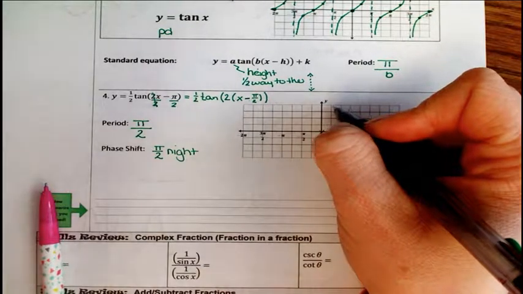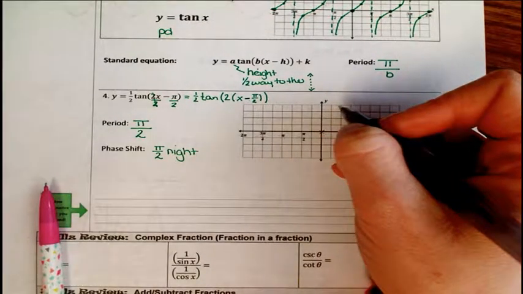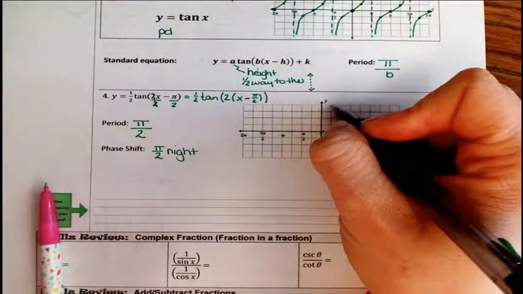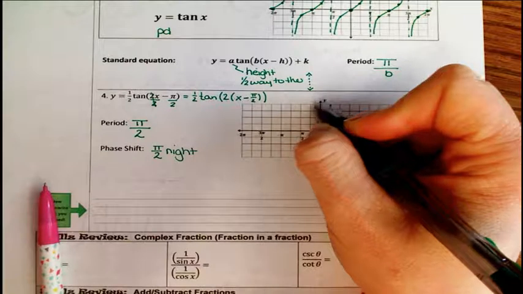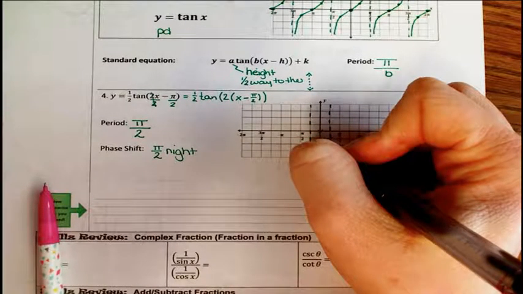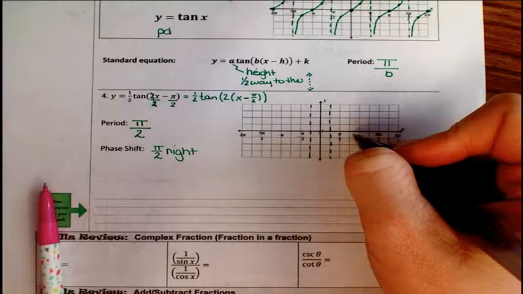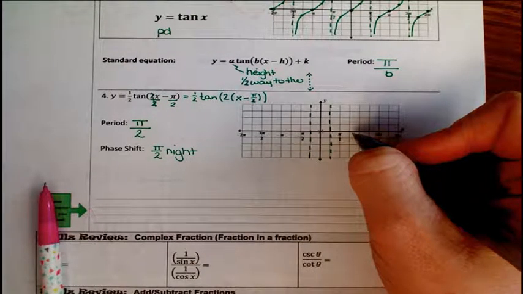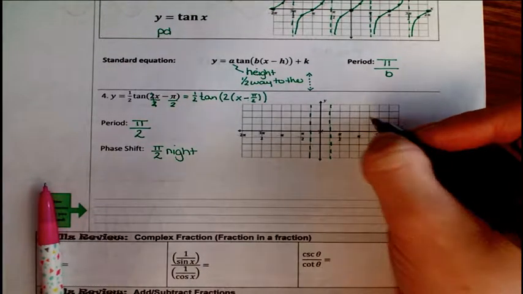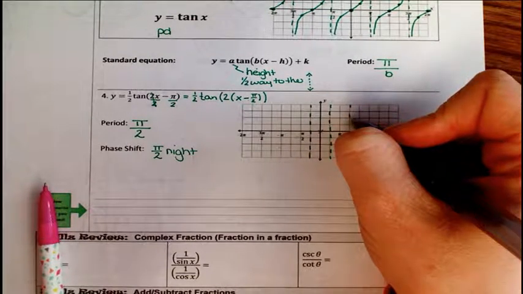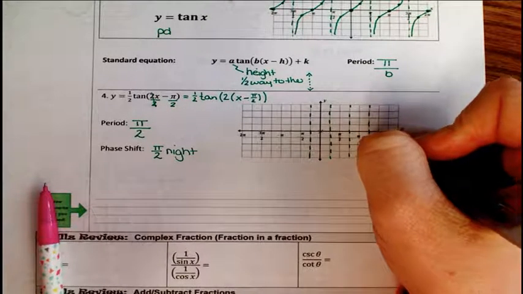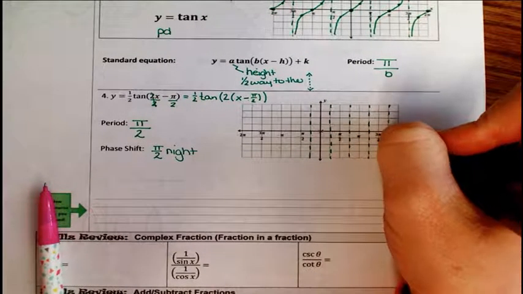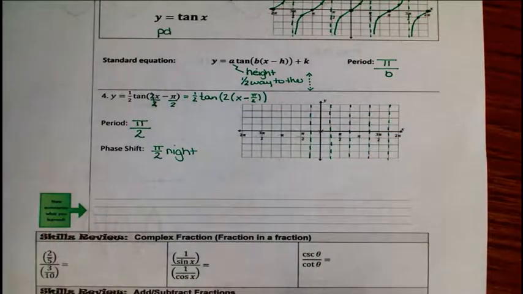So now my axis of symmetry is no longer at pi over 2, but at pi over 4. So that is going to cut this in half. And I would have another axis of symmetry right here and here and here. All right, and I'll continue over here in just a little bit.